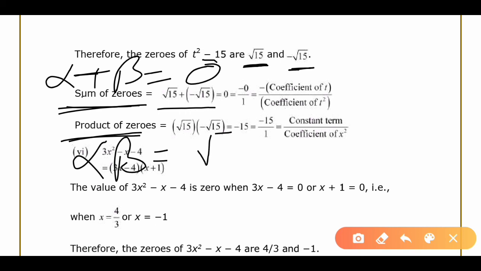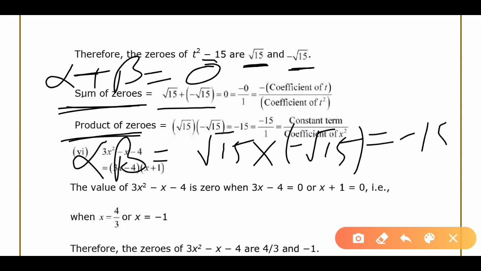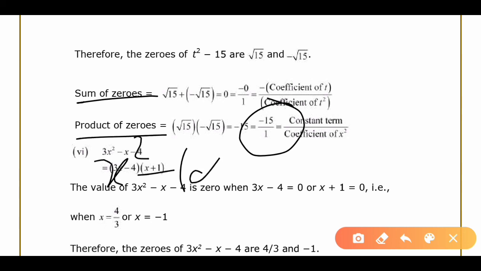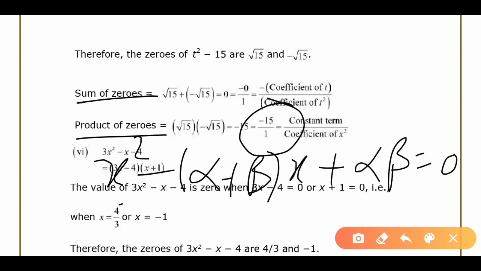So under root 15 into minus under root 15 gives minus 15. Clear? So you can see here this one is minus 15. If you put these values in the equation x square minus (alpha plus beta) into x plus alpha beta is equal to 0, then you will get the original equation.